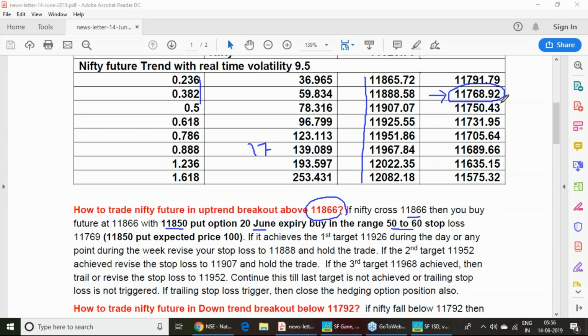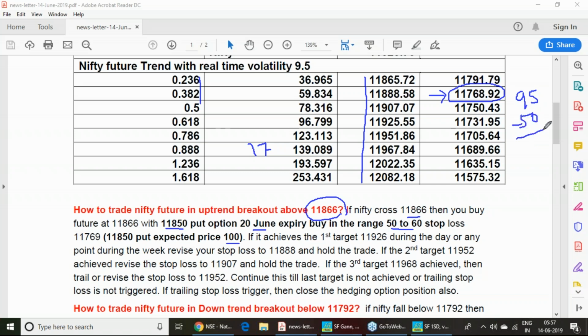By this process, I'll be losing near to 100 points. From 865 to 768, so 100 points, if I reduce it, it comes to 765. So 94 to 95 points I'll be losing in the future. But I have hedged my position, so at that time I will be recovering 40 to 50 rupees from my hedged trade.